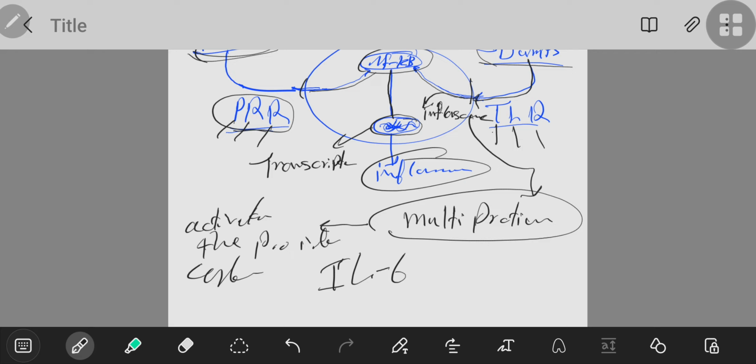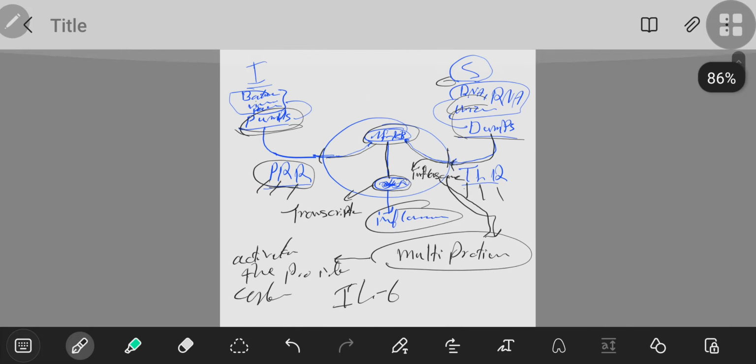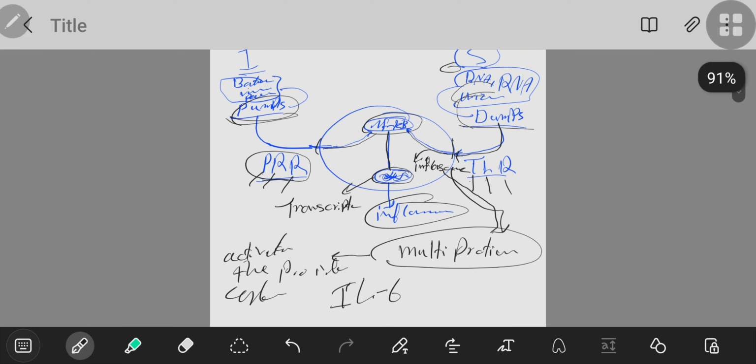So the inflammasomes go and activate the pro-inflammatory cytokines, and that leads to what? To inflammation, of course. So this is all about the inflammation mechanism.